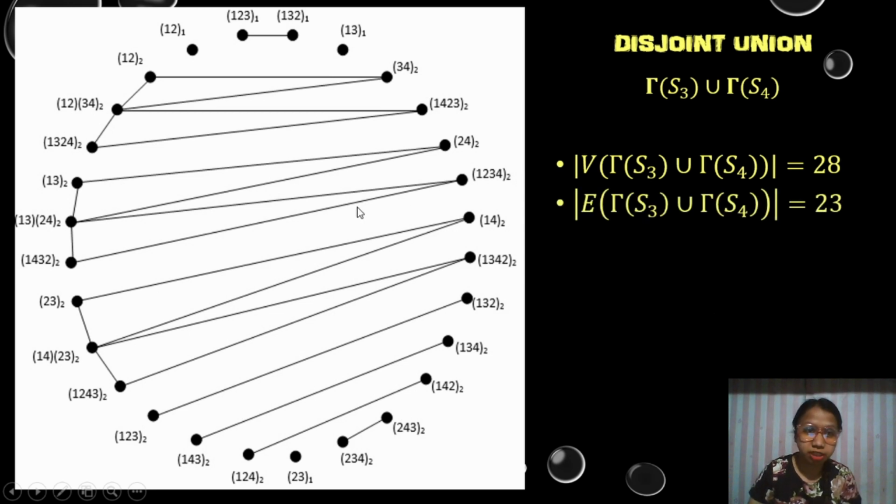The number of edges is 23, since we have 22 edges from the gamma of S sub 4 and 1 edge from the gamma of S sub 3. Then the degree of this vertex, (1 2 3 4) sub 2, is 4.